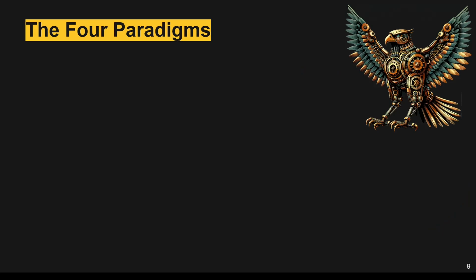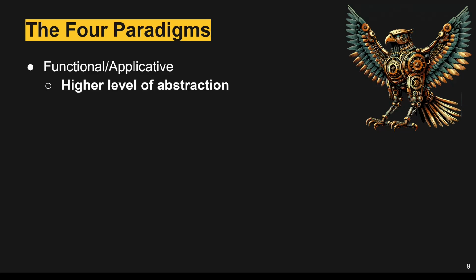The next paradigm that we're going to look at is the functional / applicative paradigm. And these languages typically work at a higher level of abstraction over what we're used to with procedural languages. So there are more functions that are already there that will do operations for us. And in a functional language, you can kind of judge from the name that the functions themselves are very important.